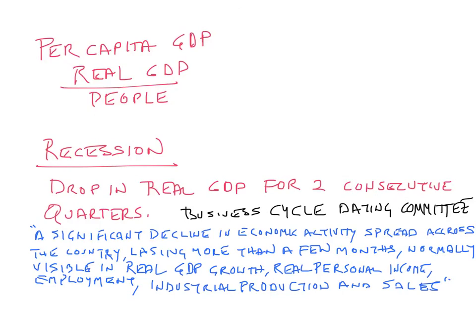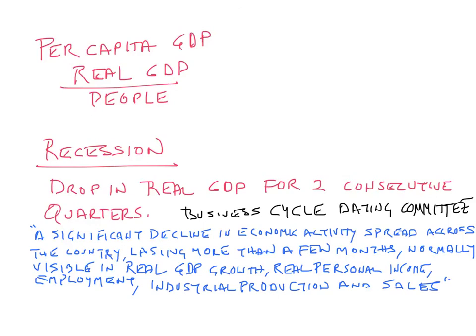The definition of a recession that the committee uses is a significant decline in economic activity spread across the country, lasting more than a few months, normally visible in real GDP growth, real personal income, employment, industrial production, and sales. So that's their definition, a very vague definition, just a significant decline. Who knows what a significant decline is? Lasting more than a few months. So that's the current definition of a recession.